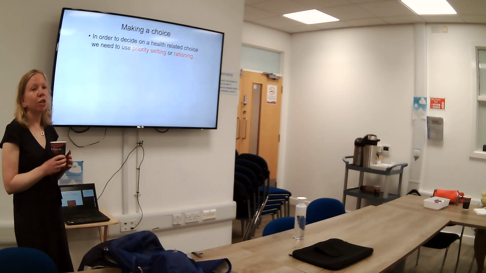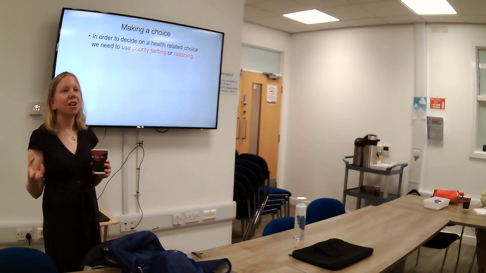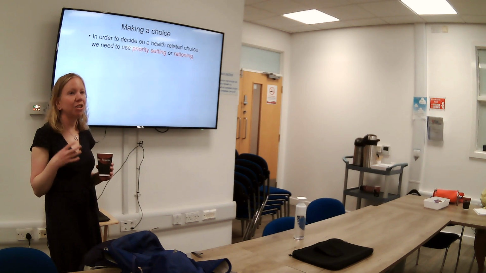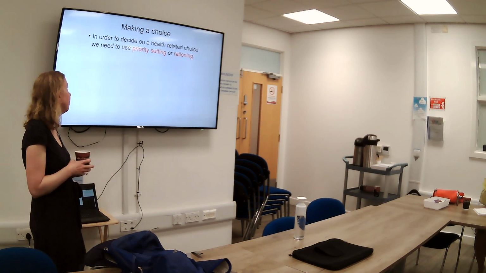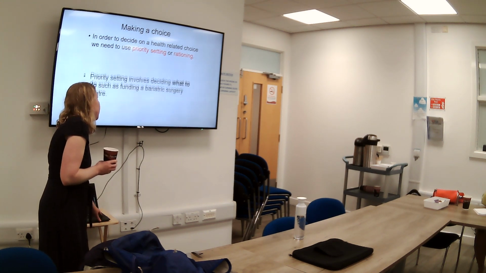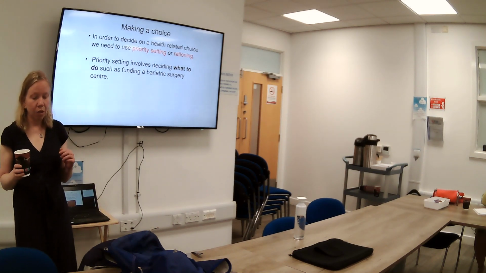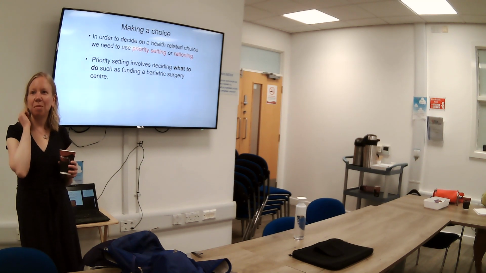So when you make a choice, in health economics jargon, if you decide to fund something, that's called priority setting, and if you decide not to fund something, that's called rationing. So say, for example, the local authority decides to give more money to your centre.